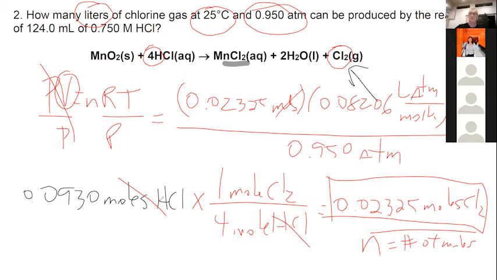And then we just check to make sure that we've set everything up right. So moles cancels with moles. Atmospheres cancels with atmospheres. K cancels with K. And then the only thing we're left with is liters. So that's right. That's what we want. So we just plug and chug. We put those numbers in our calculator and figure it out.